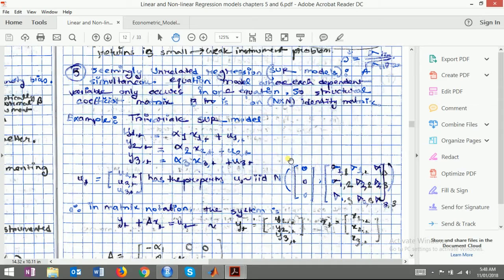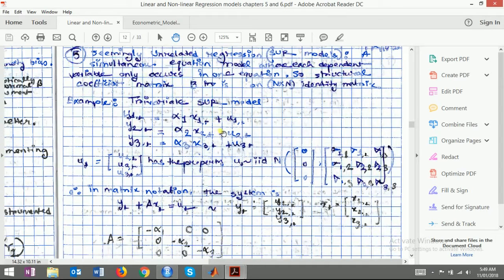Here the dependent variable is a function of an exogenous variable, not a function of other dependent variables, unlike before. y2t equals alpha 2 x2t plus u2t, y3t equals alpha 3 x3t plus u3t. So these are trivariate SUR models.